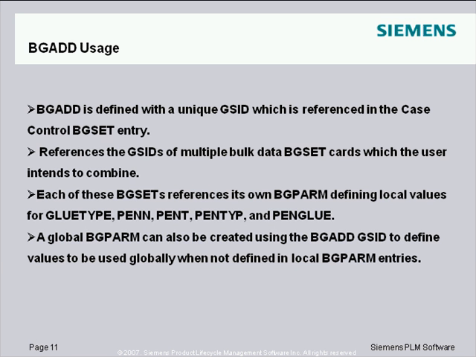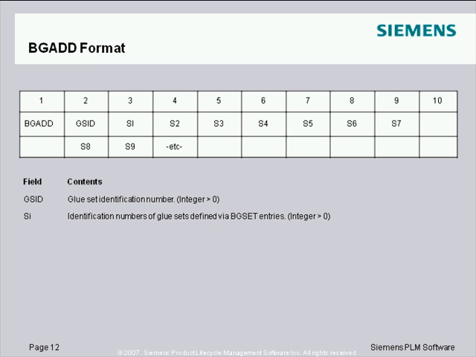And then if you've got, say, one BG set that has an odd parameter out, you define that in a local BG Parm. That overrides your global BG Parm, and everything's got the appropriate properties. And as is standard for pretty much everything, if nothing is defined, it defaults back to just the default BG Parm values.